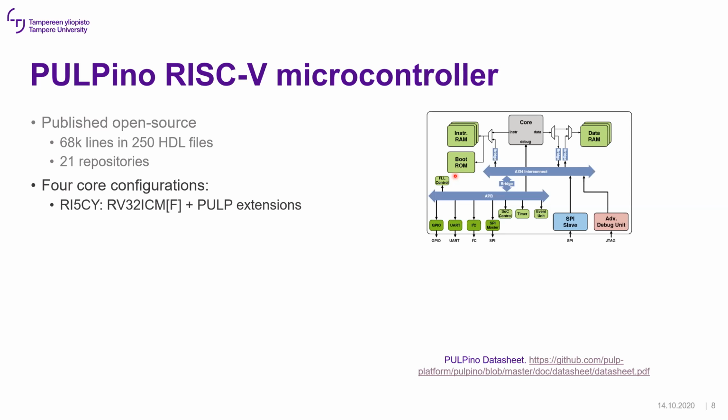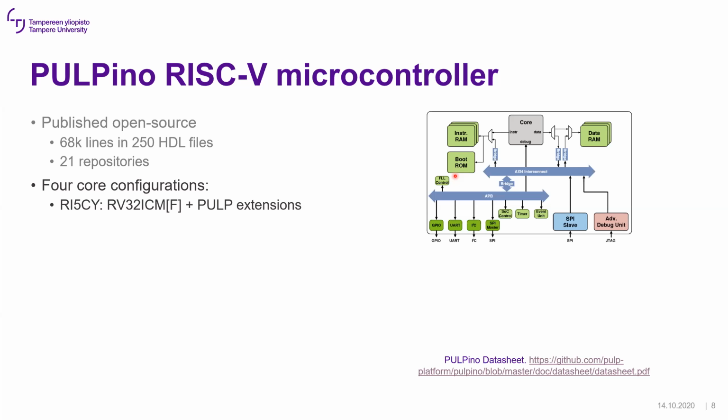So first, we have the RISC-V configuration, where we have the RV32 IMC instruction set, which is the integer and the multiplication. And then there are some custom PULP extensions.